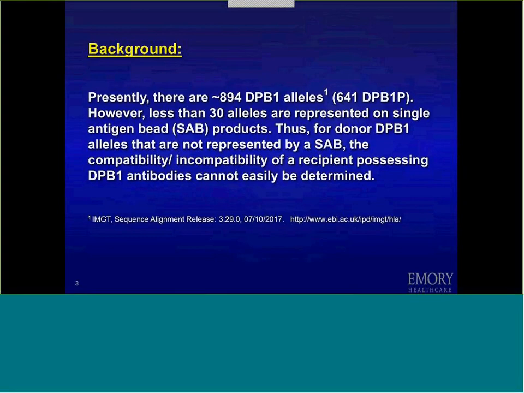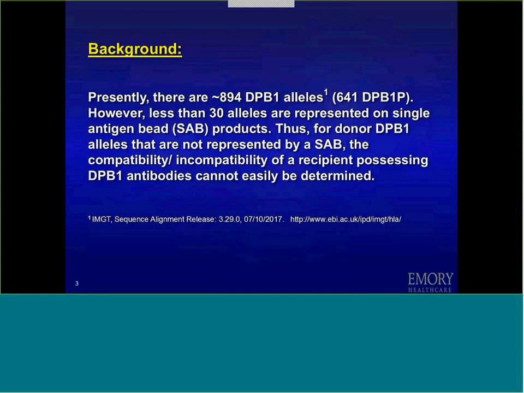So let's start with some background. Presently, as of July 10, 2017, off of the IMGT website, there are about 894 different DP beta-1 alleles. That's at the DNA level, which corresponds to 641 different proteins. So in September or December, I wouldn't be surprised if we're up over 1,000.